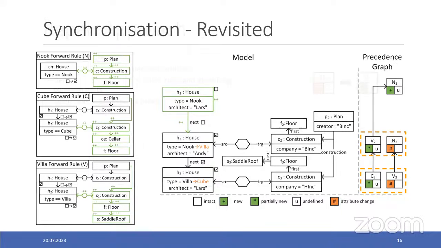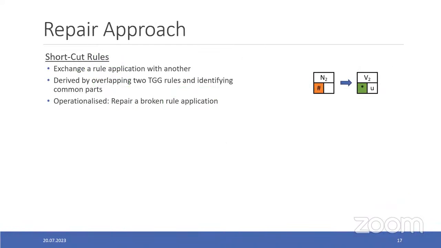In another work of ours, for that purpose, we introduced what we call shortcut rules that basically replace a broken rule application with an intact one, where you take, for example, the nook rule and the villa rule, and you overlap them, and thereby you can identify things that they have in common. So if you want to transform from the one to the other, you no longer delete a lot of elements, but only those that you did not overlap. So you can do this in a much more clever way.